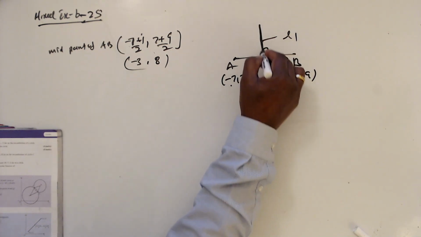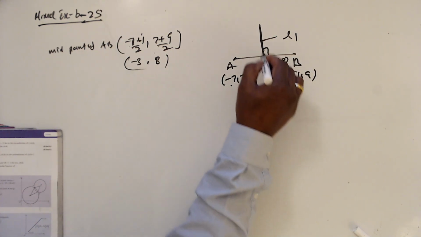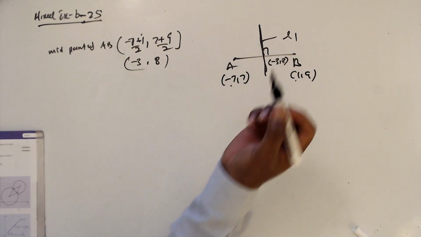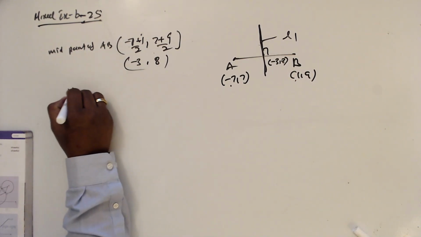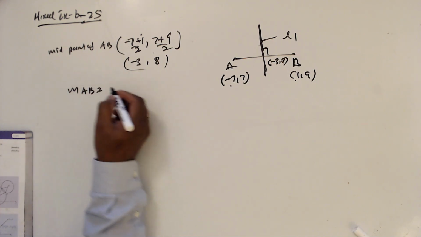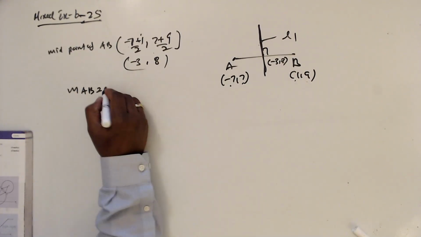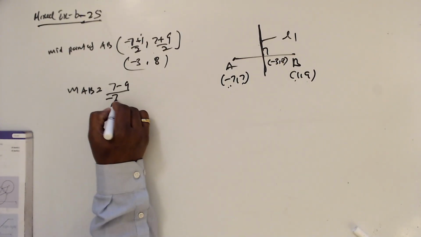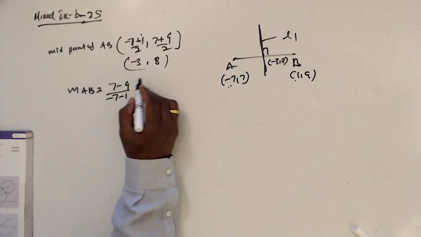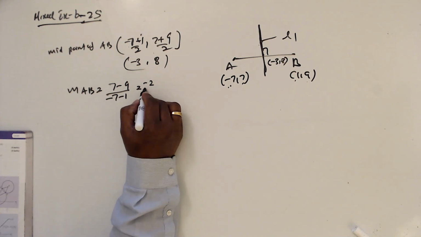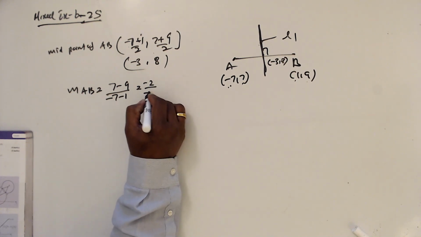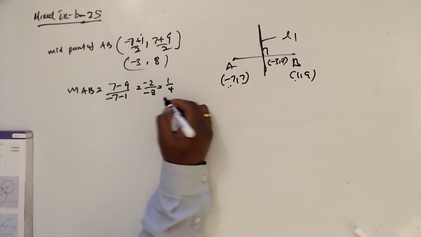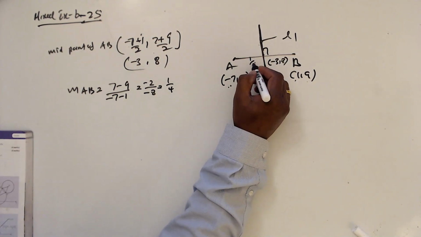Now I want to find the equation of this line. I need the gradient. But if I know the gradient of AB, I can find the perpendicular gradient. So m_AB equals y1 minus y2 over x1 minus x2, which is 7 minus 9 over minus 7 minus 1. So this is minus 2 over minus 8, which is 1 over 4.